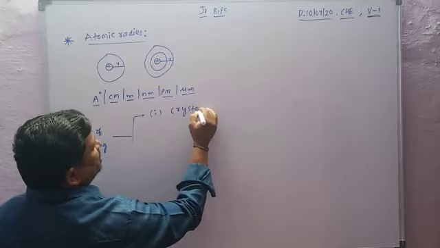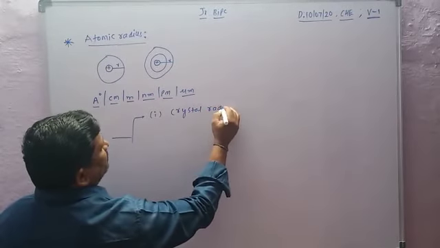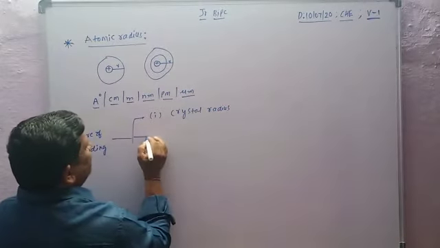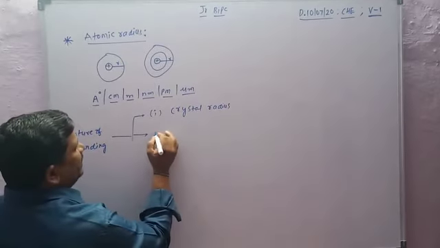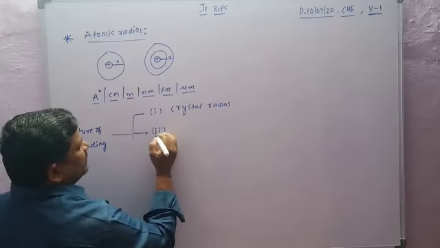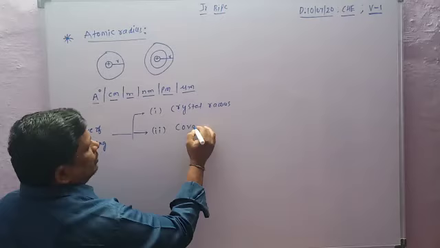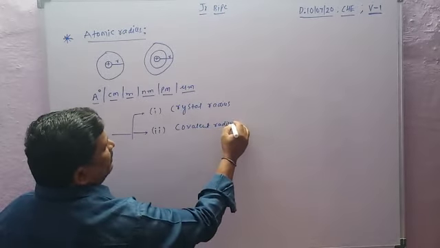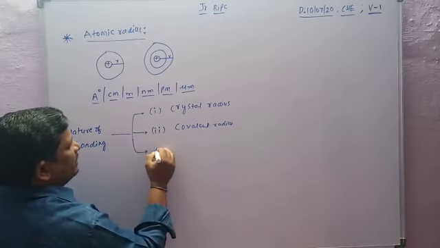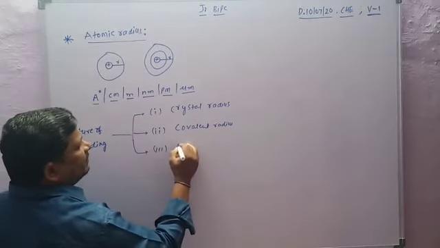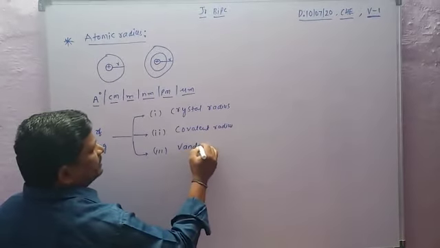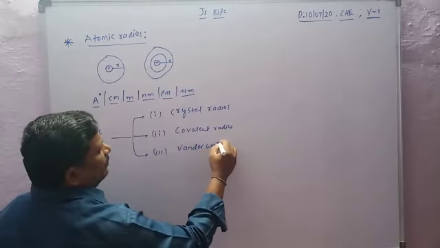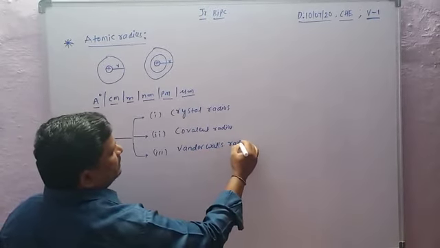The second one is covalent radius. The third one is van der Waals radius.